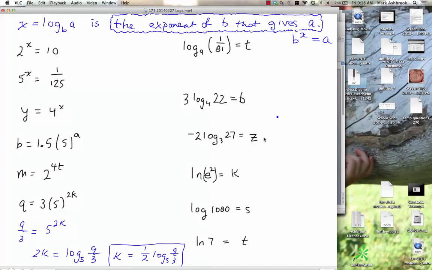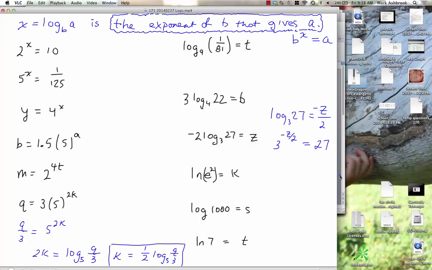So you're dividing by -2 first? Equals? Okay, and here's one where we can actually find this value of z without a calculator.